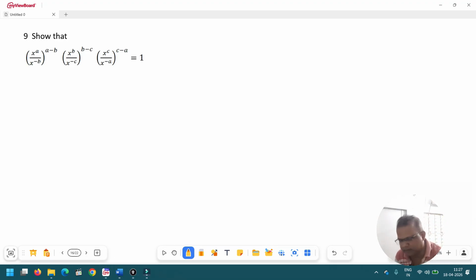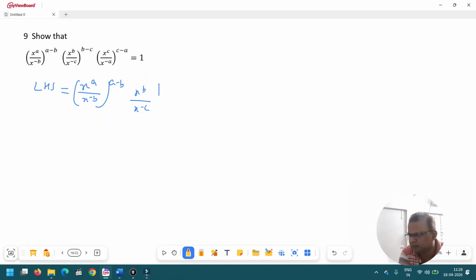Consider the following expression. Taking LHS equal to x का power a बटे x का power minus b, x का power b बटे x का power b minus c into x का power c बटे x का power minus a, c minus a.